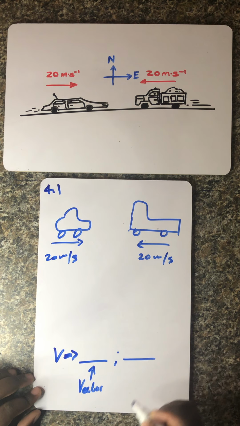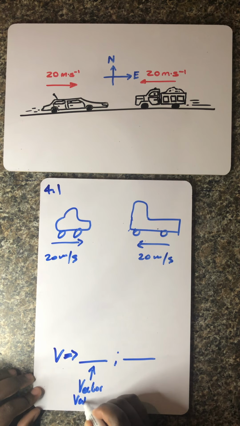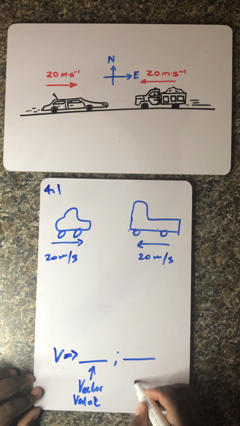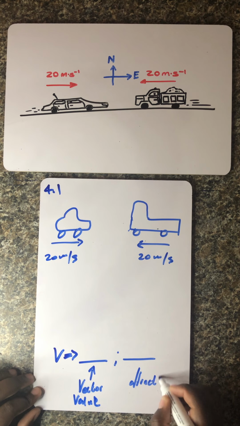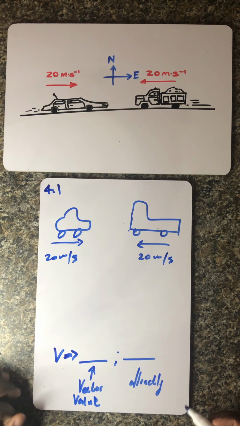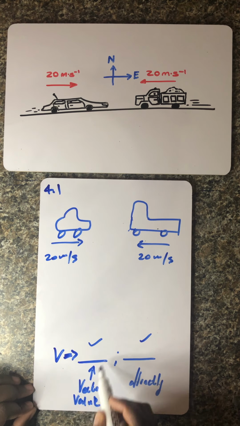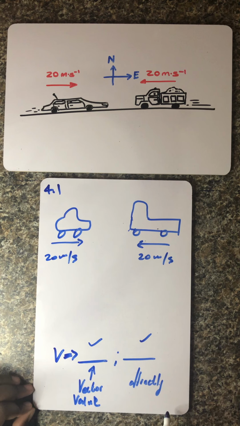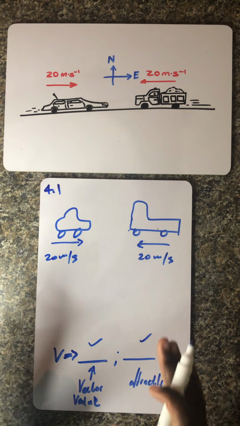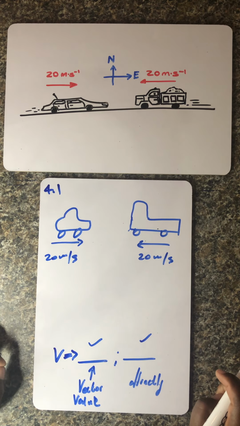It must have a magnitude or value and a direction. Okay, which is a good indication that 1 mark might be allocated to the magnitude and the other mark might be allocated to the direction. So for the fact that a mark is allocated for the magnitude, it means it's not that complicated, ladies and gentlemen. You just need to fully understand what's going on over there.